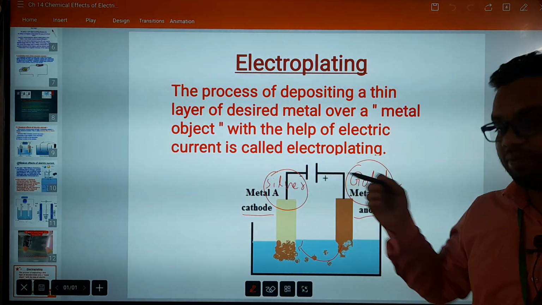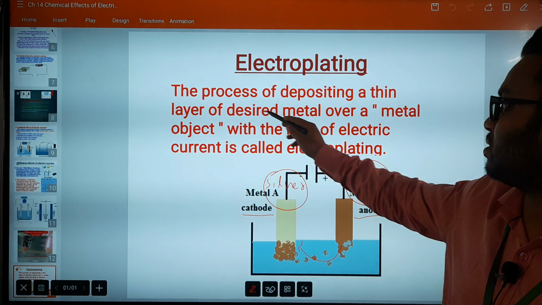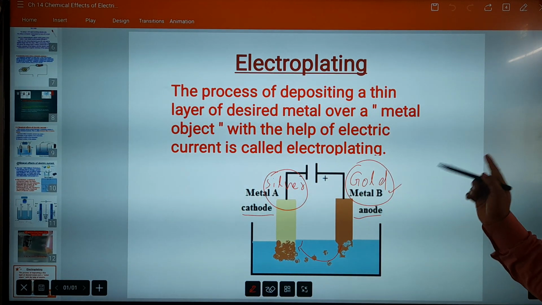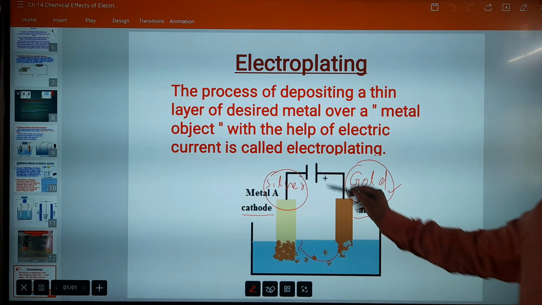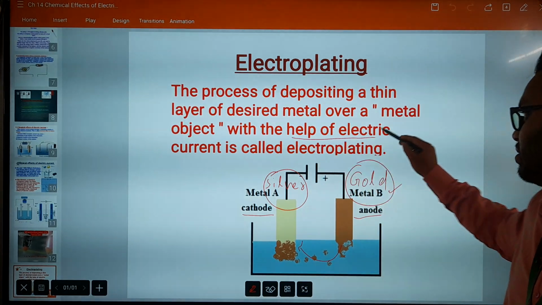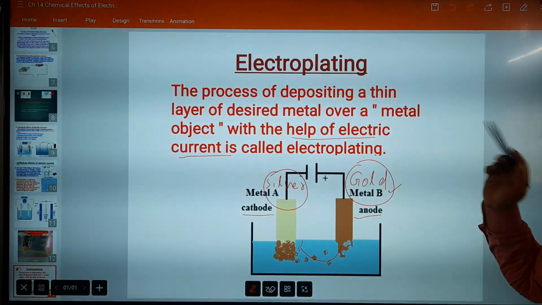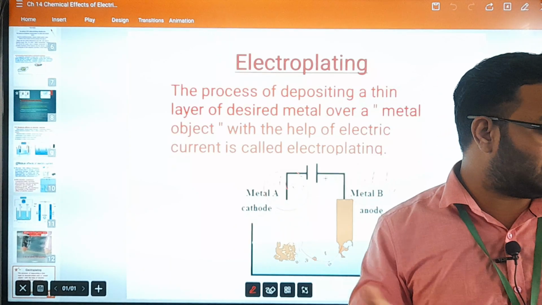So this process is called what? Electroplating. So here it is: the process of depositing a thin layer of desired metal over a metal object with the help of electric current. This is a very important point. This, with the help of electric current, is called electroplating. Write the definition. Quickly do it.